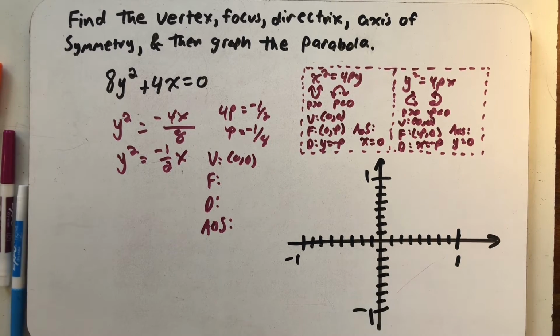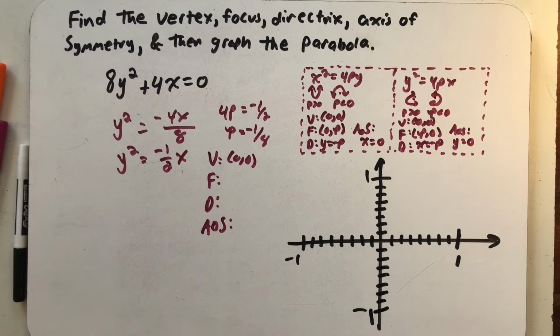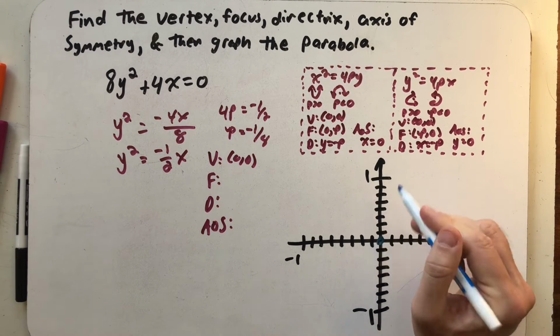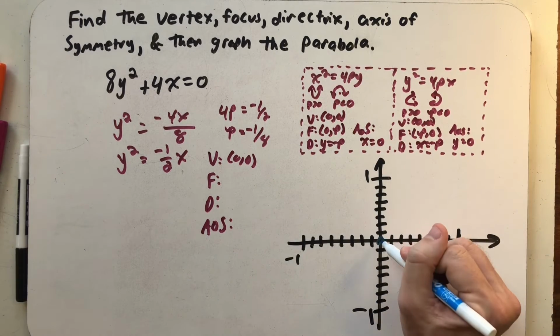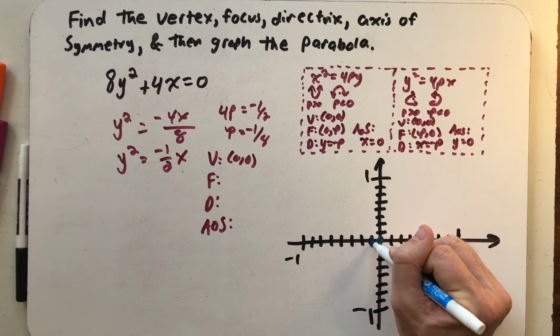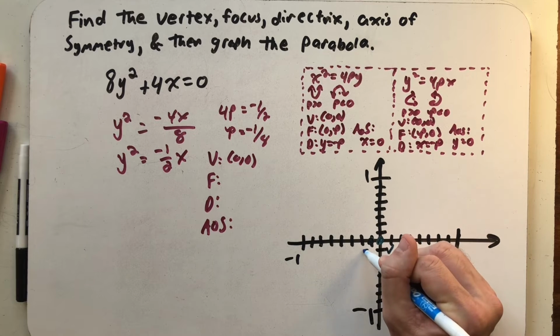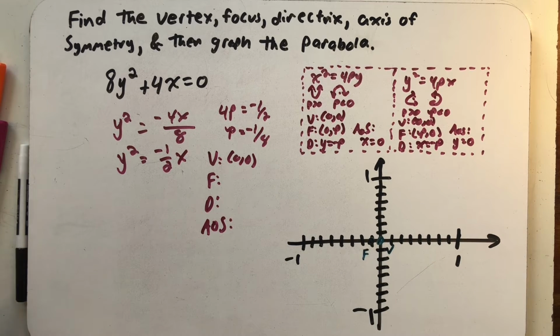All right, so now I could go on and plot my vertex. And I like to think visually from here, right? My focus is supposed to be 1/8 of a unit away in a horizontal direction, which makes it right there. So there's my vertex and there's my focus.